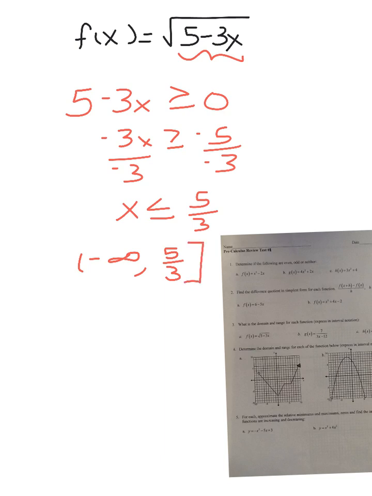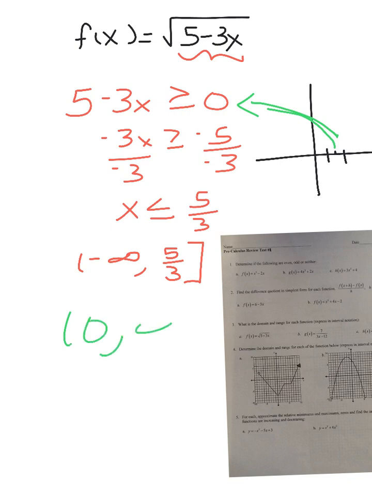Okay, now for the range, just draw yourself a little picture. 5/3 is like 1 point something, so it's over in here. So it looks like this. Your range is going from 0 to positive infinity because it just keeps going up and up and up.